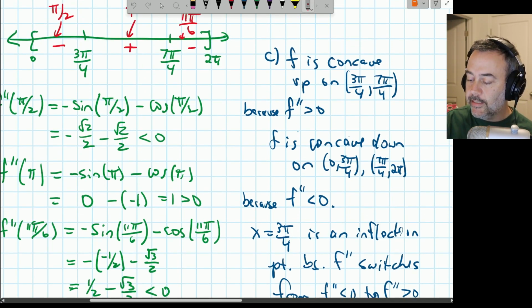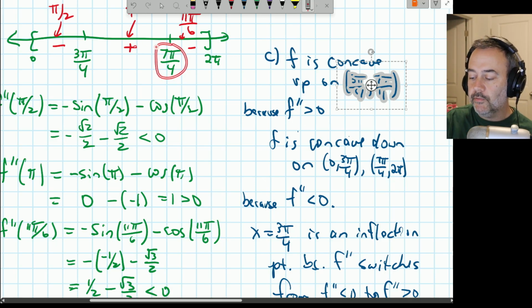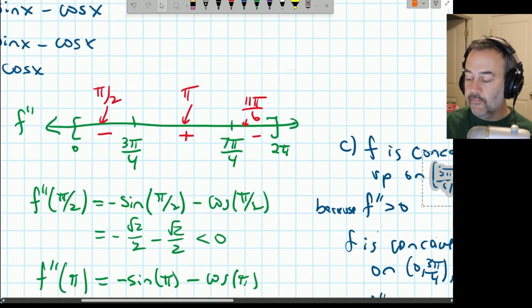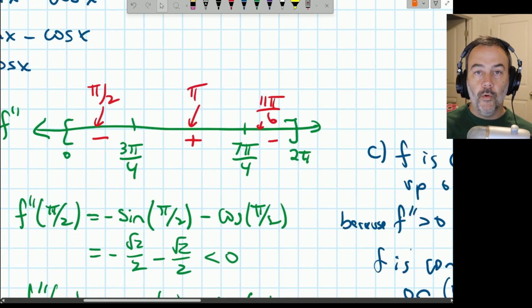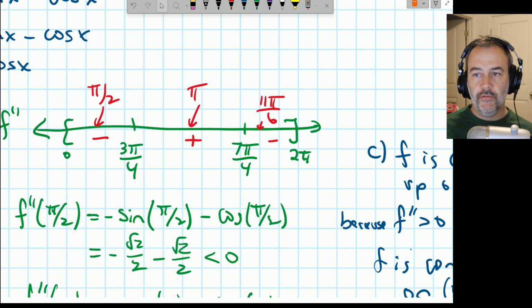And we could just make the same statement for 7 pi over 4 because it switches from positive to negative. So we have inflection points wherever the original function is continuous and the second derivative switches signs.